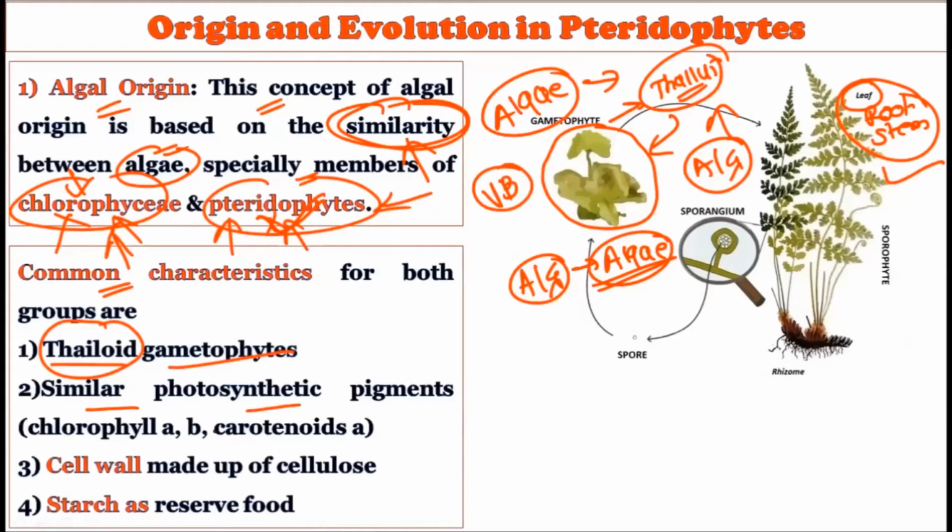Second, similar photosynthetic pigments, that is chlorophyll A, chlorophyll B, and carotenoids. In the pteridophyte, you will find chlorophyll A, chlorophyll B, and other pigments like carotenoids. All these pigments are also present in the algae.